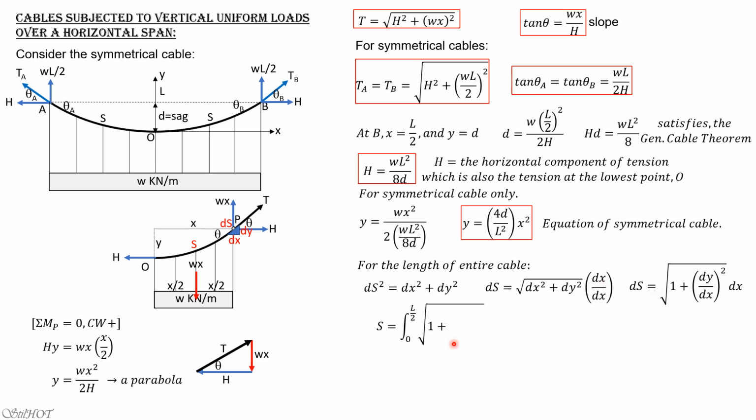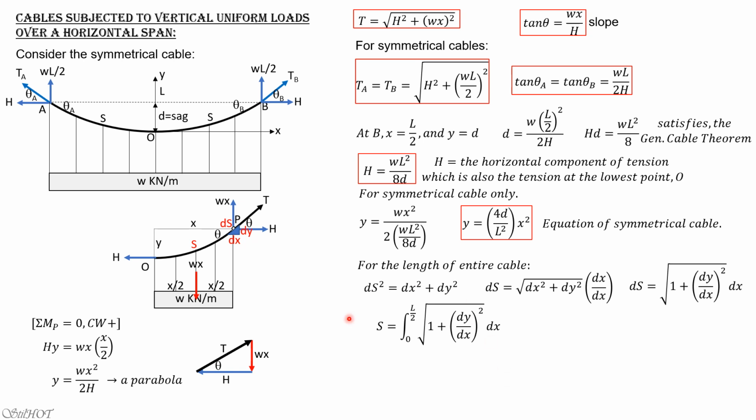Integrating, s therefore is the integral from 0 to L over 2 of the square root of 1 plus (dy/dx) squared dx. And if a high-tech calculator is allowed, then you will find it easy, supposedly.